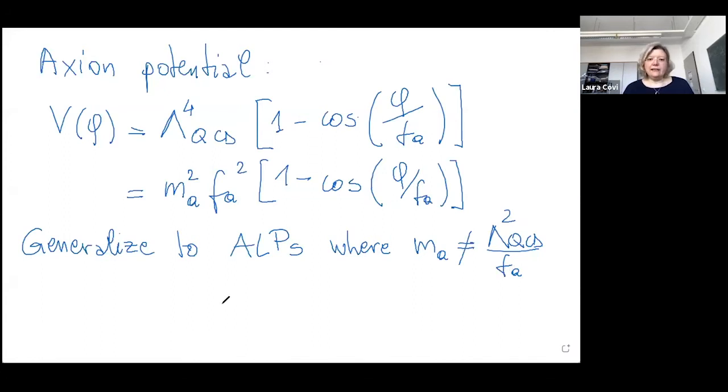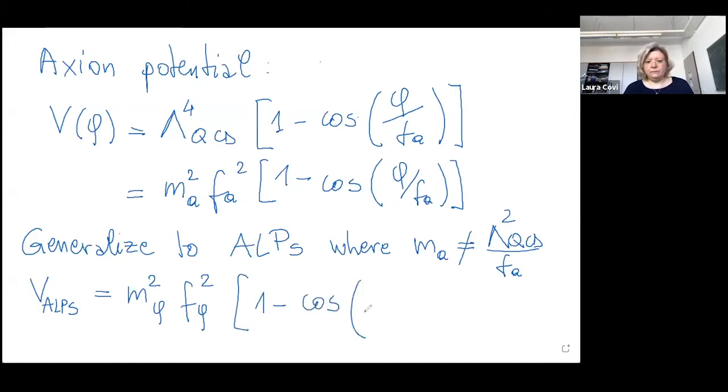So for a generic ALP, I have the potential, which I can write in a very similar way, but with no relation between the mass and f_a. So I have in principle an f_phi squared, m squared, (1 minus cosine).